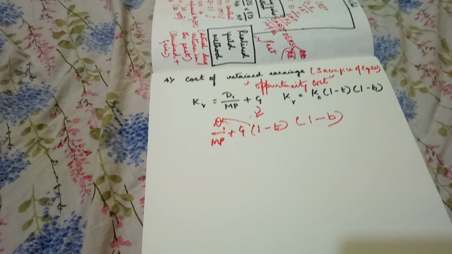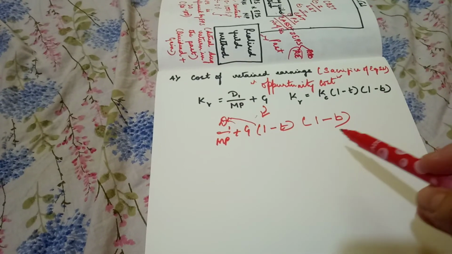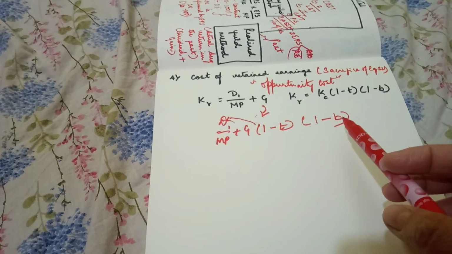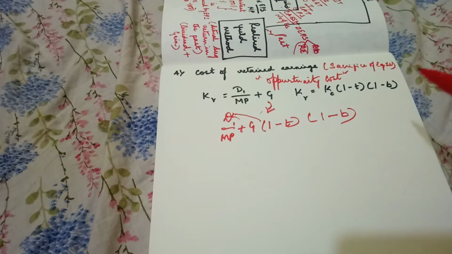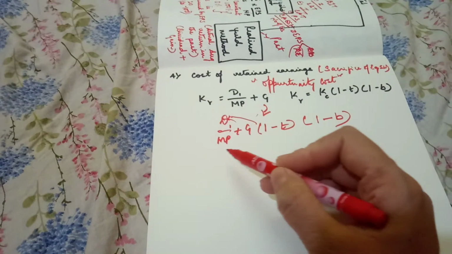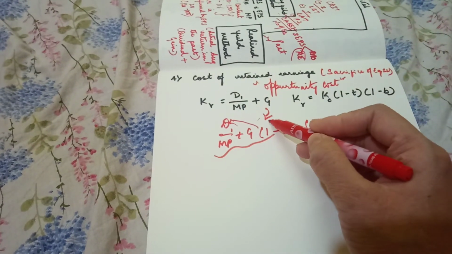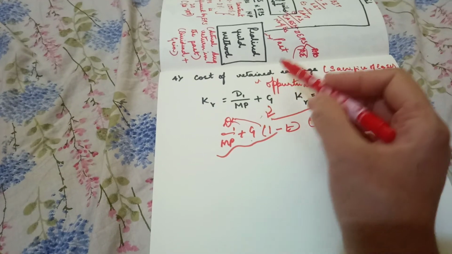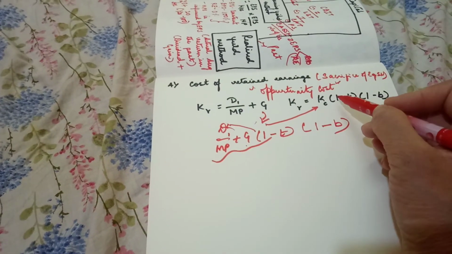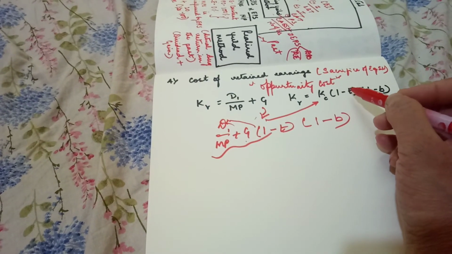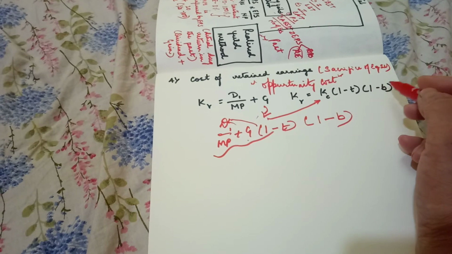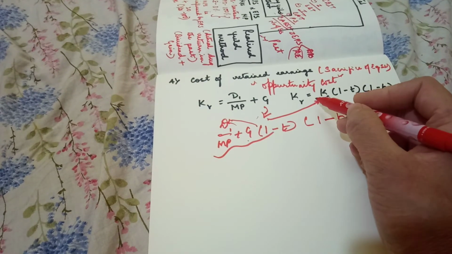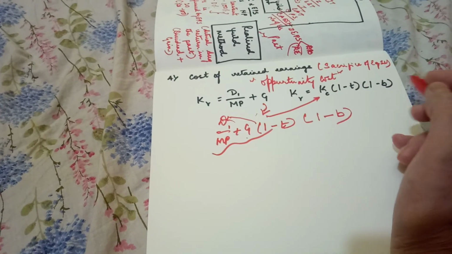Whenever you receive dividend, there are brokerage charges involved which you need to pay to the brokers. That is taken. So to simplify your formula, it's written like this. This part is the cost of equity, as I told you. So Ke into 1 minus T into 1 minus B. This will tell you the cost of retained earnings.